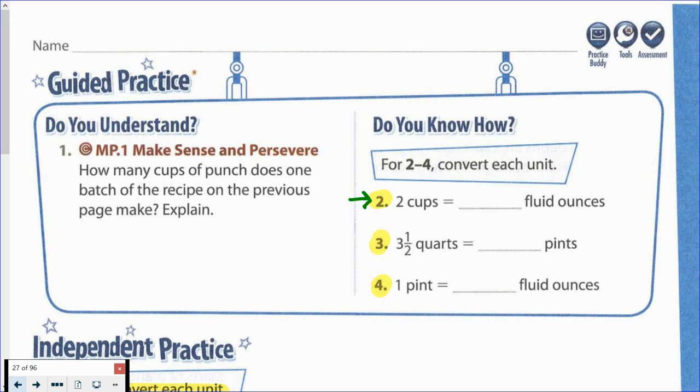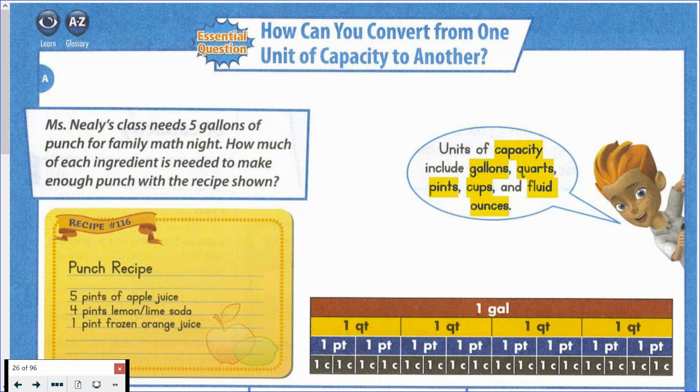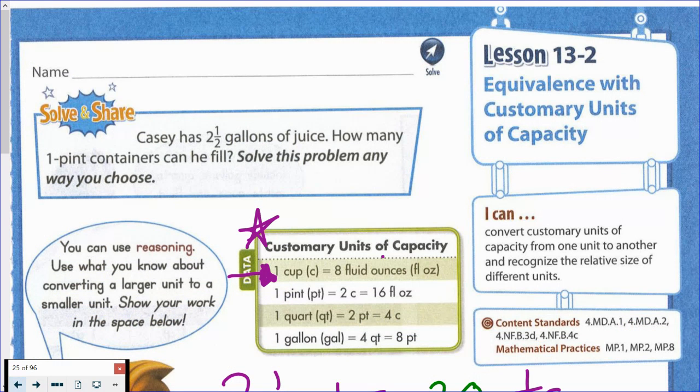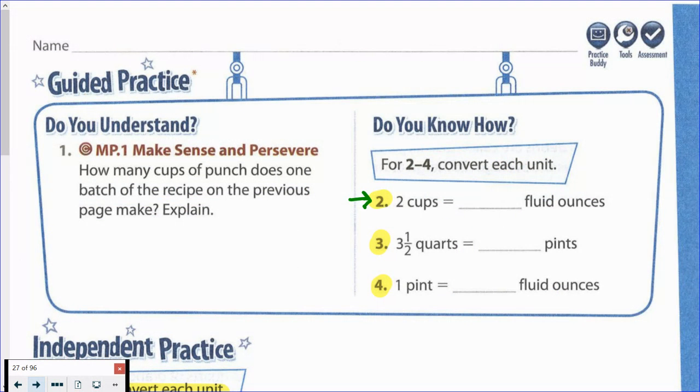So number 2 here, this is one of those situations where your gallon guy, gallon gal isn't going to help you. So I want to remind you that on your solve and share page, come back to this table. 1 cup has 8 fluid ounces.